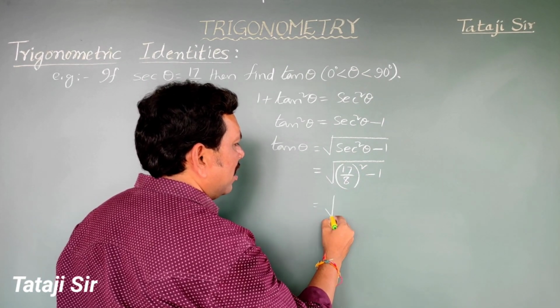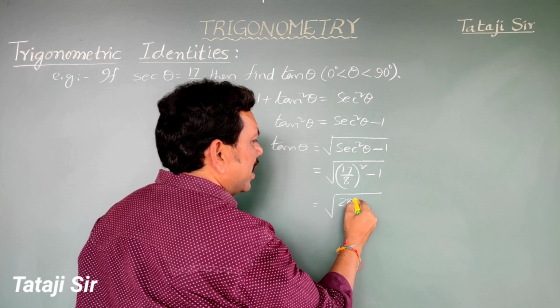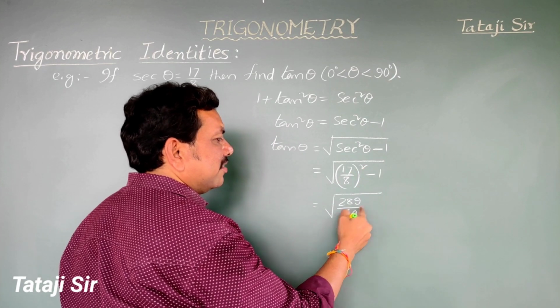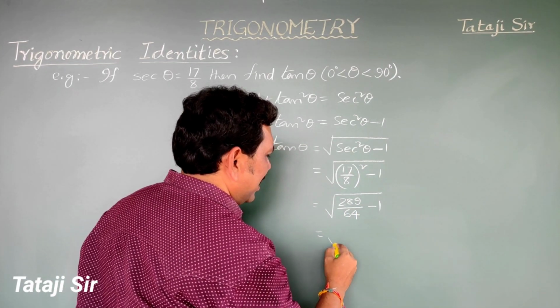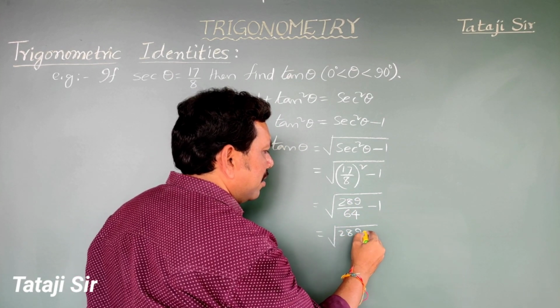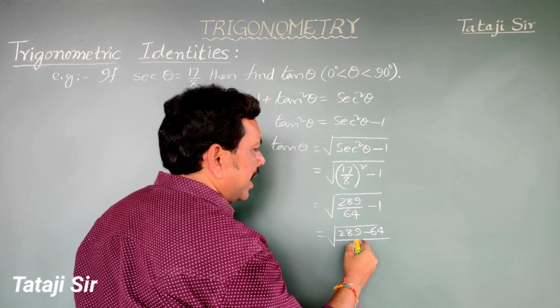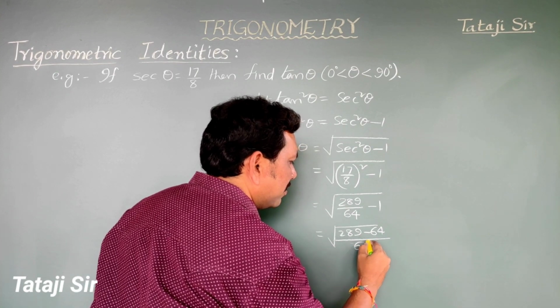That is root of 289 by 64, since 8 square means 64, minus 1. So that is root of 289 minus 64 by 64.